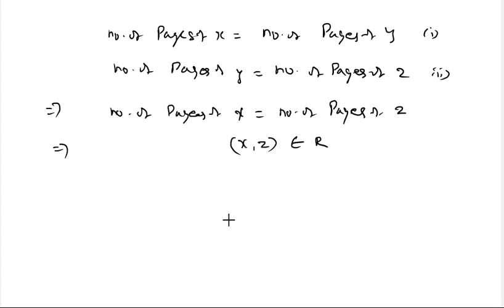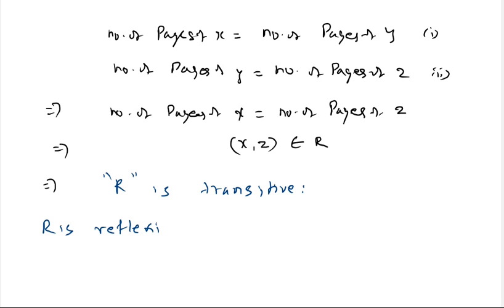So this is true for the two ordered pairs (x, y) and (y, z). So this concludes the relation R is transitive. So R is reflexive, symmetric, and transitive.